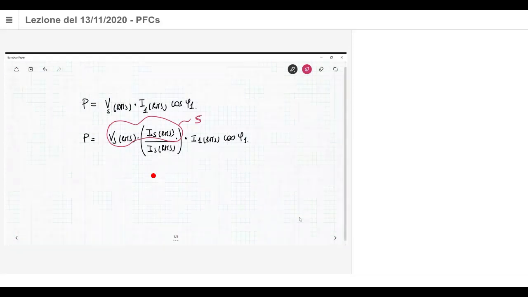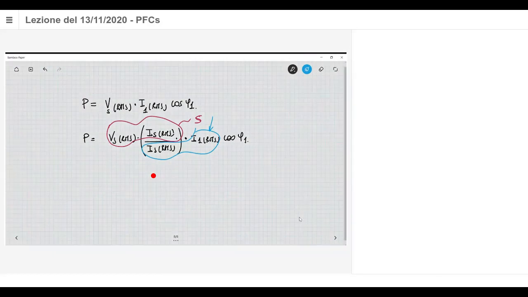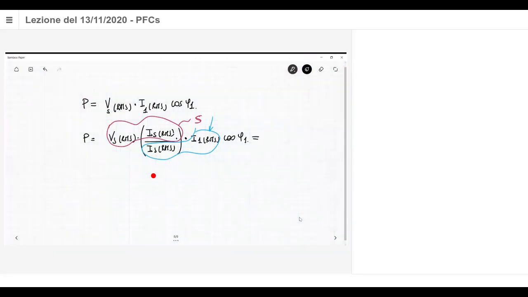And here you have another term, which is the ratio between the root mean square value of the fundamental component divided by the root mean square value of the whole current, not just the fundamental component plus all the harmonics. So these quantities can be written as S, I1 over Is, both root mean square values, multiply the cosine of the phase shift.